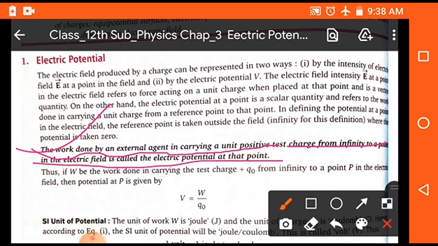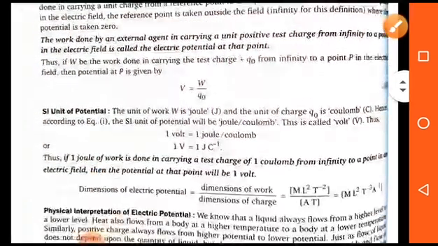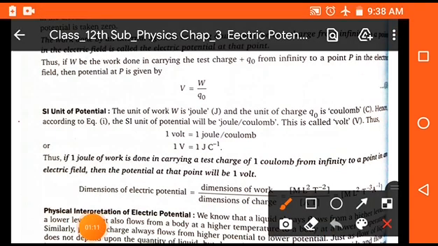It means that if we do any work carrying a charge from infinity to a point inside the electric field, then the work done will be equal to the electric potential, and it is denoted by V. The SI unit of electric potential is joule per coulomb, and it can also be considered as volt.